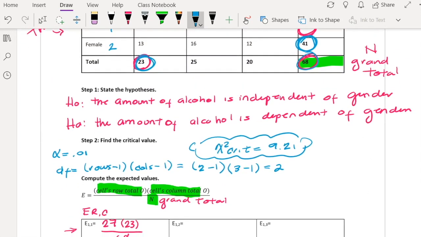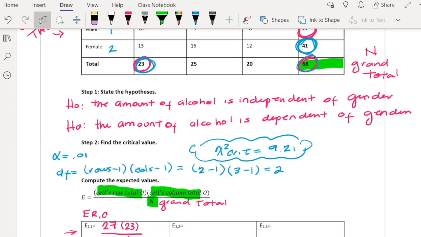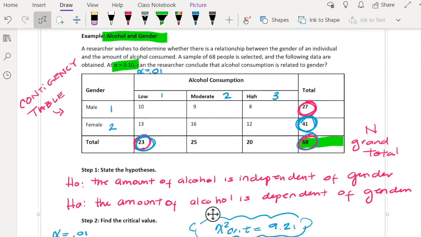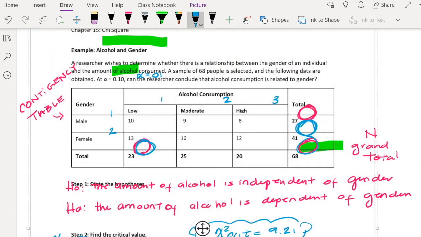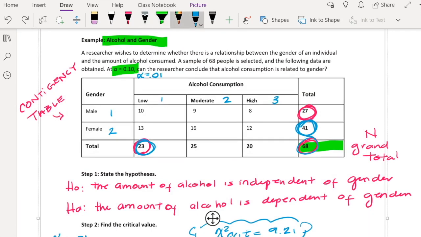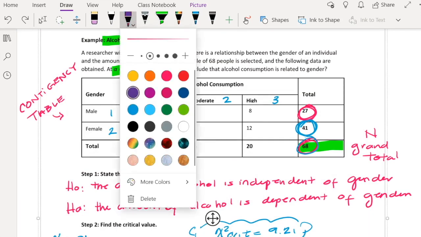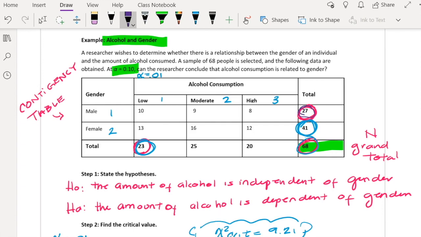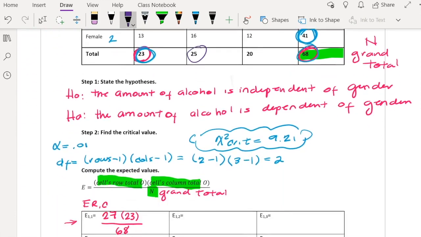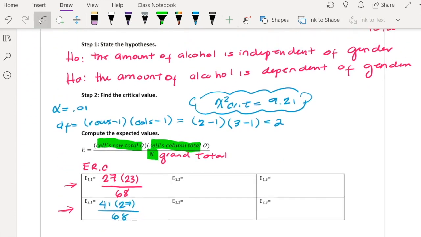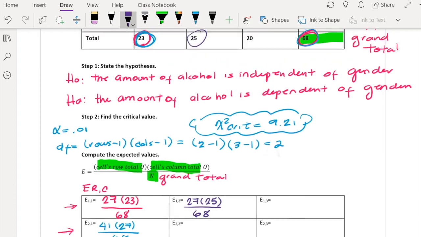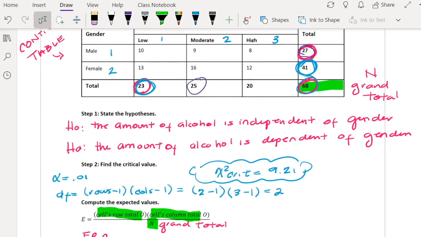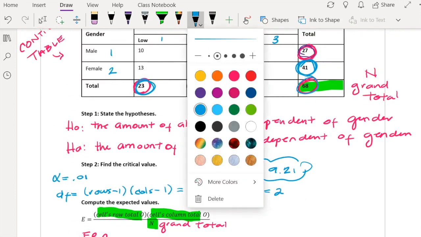Okay, so row 1, column 2: 27 times 25 over 68.